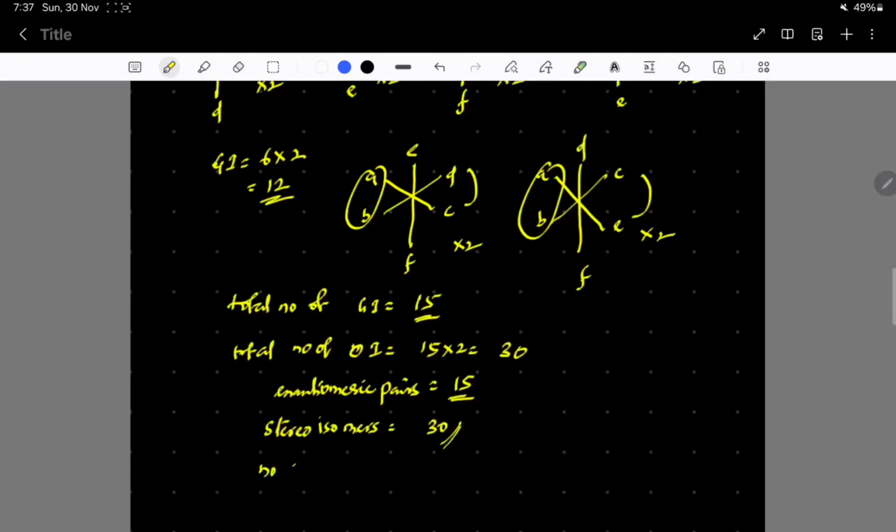Now tell me, the number of optically inactive isomers is 0, because every combination has an absence of plane of symmetry. That's why it will exhibit optical activity only, right?